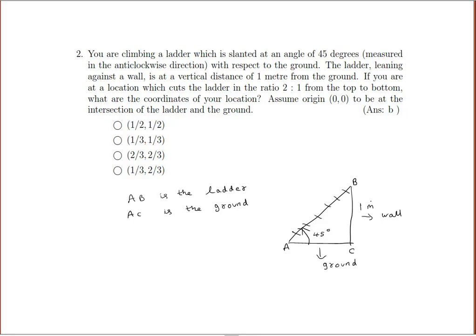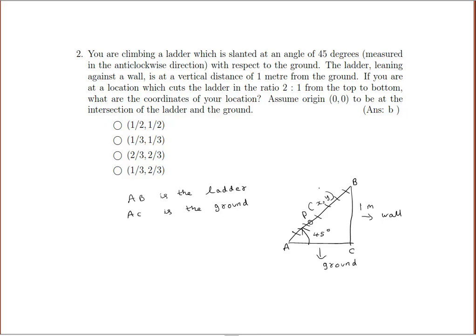So you are at a location which cuts the ladder in the ratio 2:1. You are climbing a ladder, you are somewhere here, and this is your location, let's say P, given by the coordinates x, y. Your location cuts the ladder in the ratio 2:1 from the top to bottom.